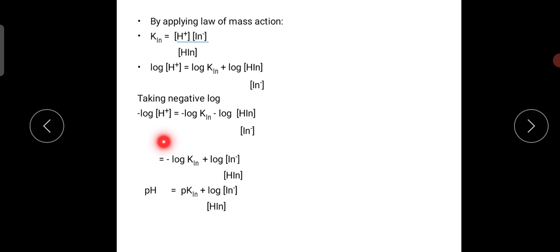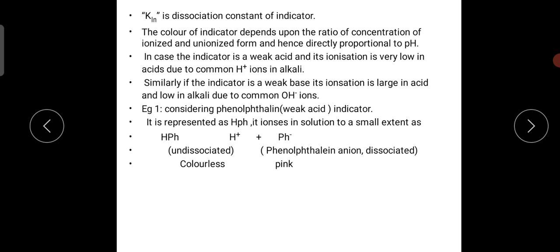While removing this negative sign, this comes upward. So pH is equal to pK of the indicator plus log of ionized indicator divided by unionized indicator. It will come like this. Here K_In is the dissociation constant of the indicator.